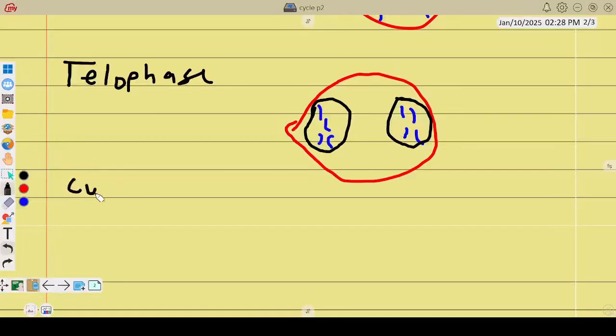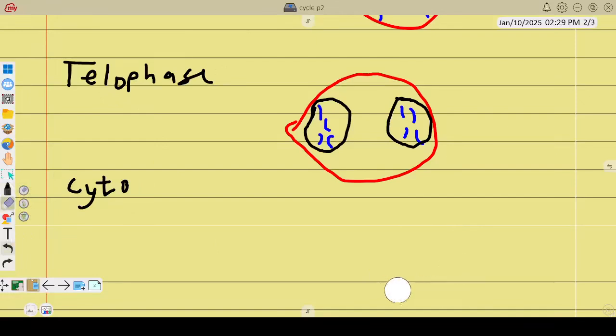Cytokinesis is not part of this cell cycle. In the cell cycle of gap 1 phase, replication phase, gap 2, and mitotic phase, which we are looking at today, cytokinesis happens after the whole of mitosis has taken place.